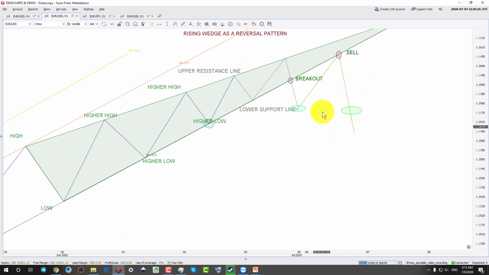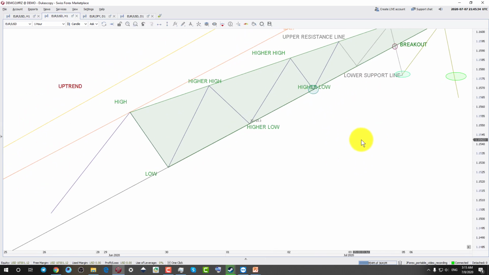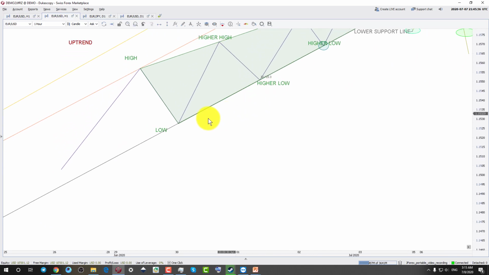But if the sellers overpower them and they close below this low, then their stop losses, which are eventually below this level, will get triggered, and there will be long squeezing, and the price will tend to go rapidly on the lower side and will fetch the next low, and even after that next low.